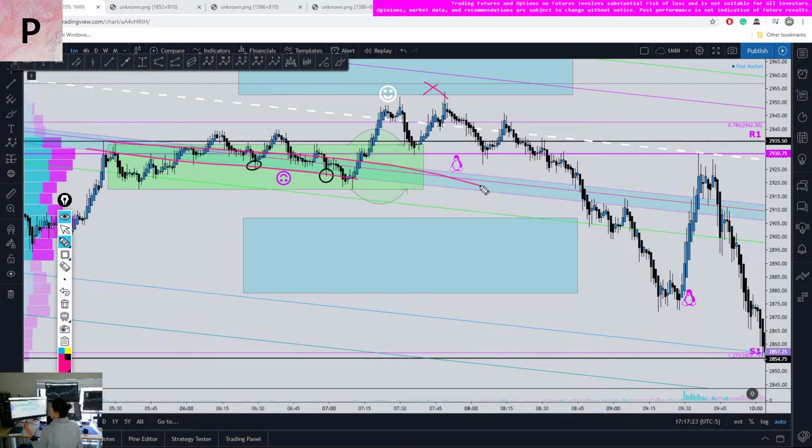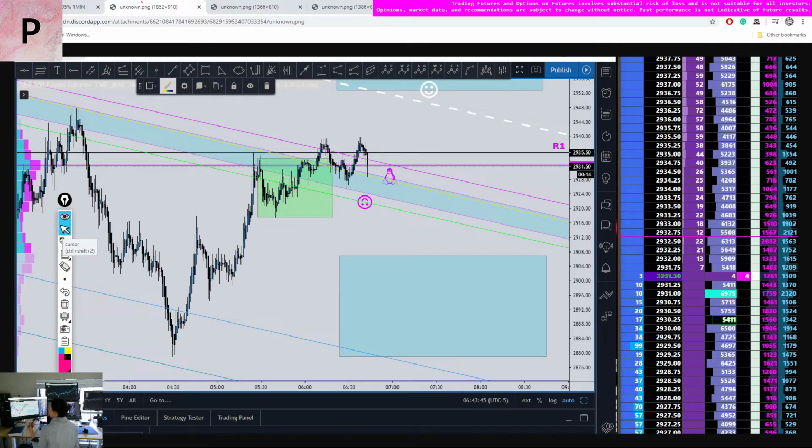defined by the pitchfork. So let's go ahead and erase that. Let's come back here to the little corrective pullback that found support right in this confluent zone at 90.12, 90.20.